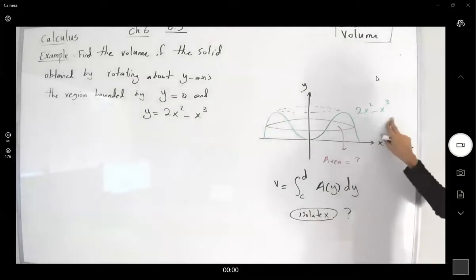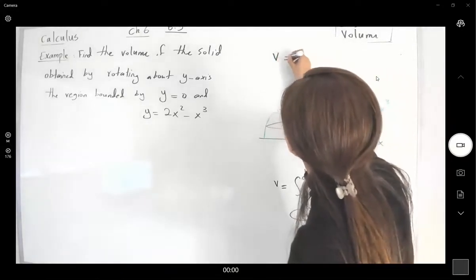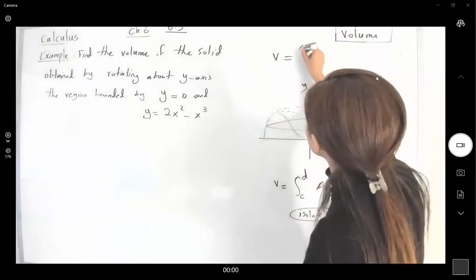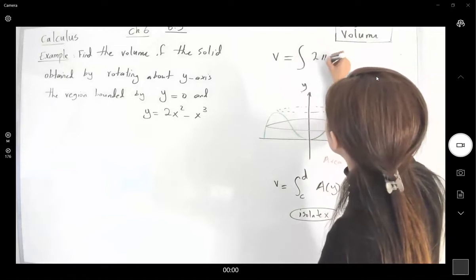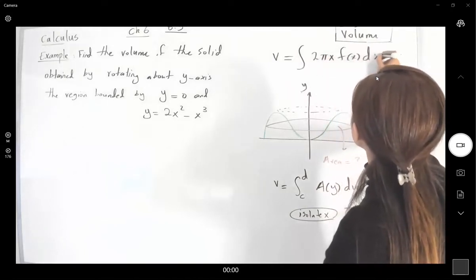Well, instead of doing that, we can use the method of cylindrical shells. The volume can be written as the integral of 2 pi x f of x dx.